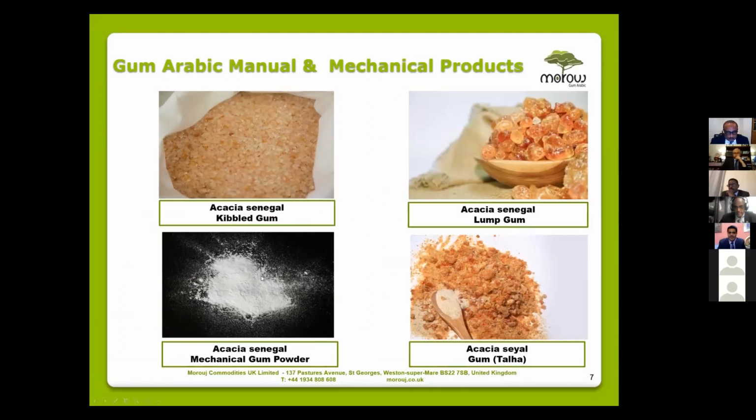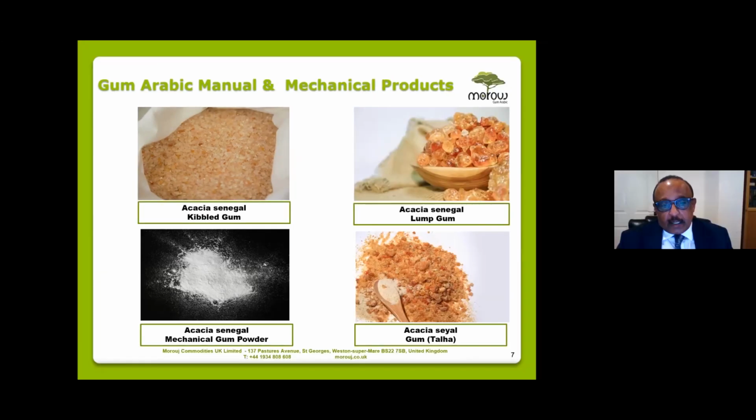All these mechanical products are also subjected to some sort of cleaning, but still contain a fair amount of impurities. And also there is no processing step to control the microbiological quality of the gum. So if the gum is contaminated by any pathogenic bacteria, E. coli, or salmonella, there is no step to ensure that the gum is safe and free from any harmful microorganism.